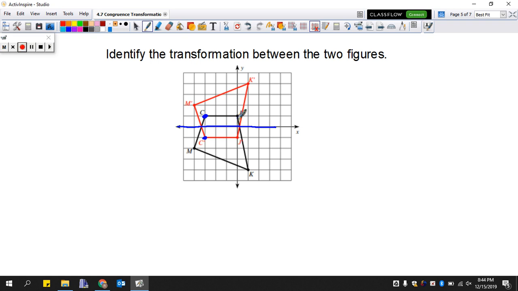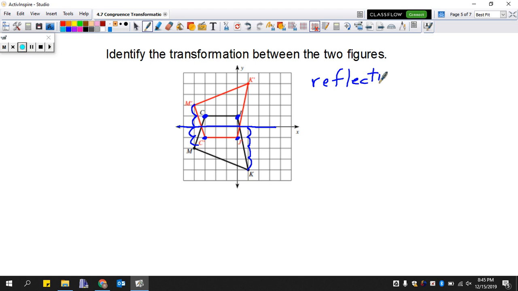J is 1 space above and goes down to 1 space below from the black image to the red image. M is 2 spaces below, and it moves to 2 spaces above, and K is 4 spaces below, and it moves to 4 spaces above. So this is a reflection.